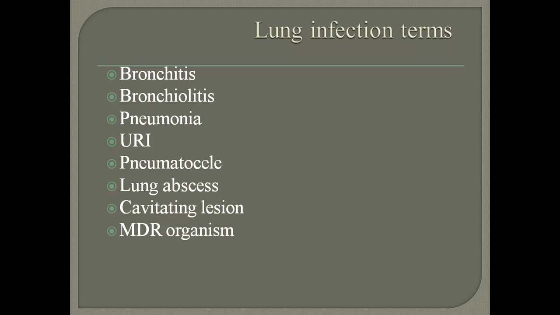There's a couple terms I want to cover before we get going here. Remember, itis is inflammation. So when we have bronchitis, that's a larger airway inflammation. Bronchiolitis is a smaller airway inflammation. Pneumonia refers to an infection in the lung.